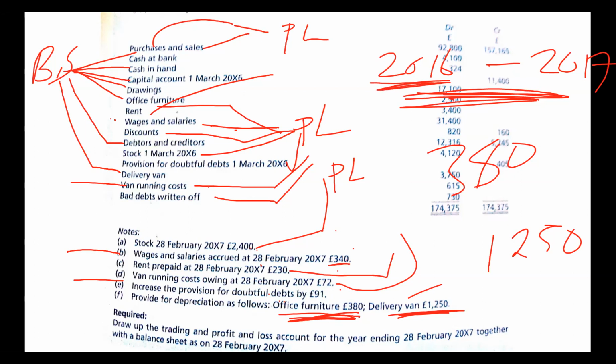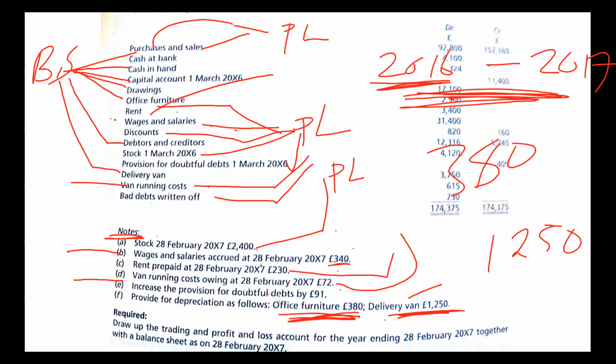Then from that period up to 2017, the same delivery van lost another value of 1,250.